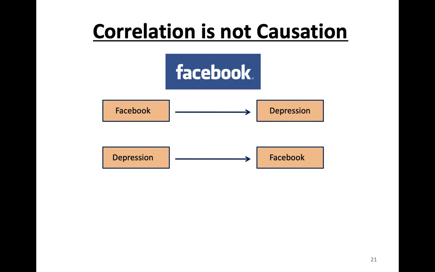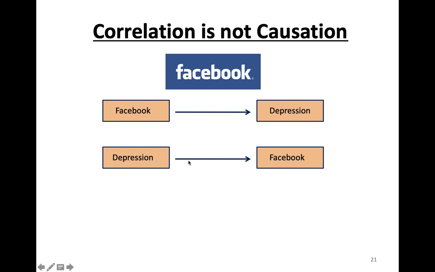People that are depressed, maybe they're spending more time on social media because they're not out spending time with their friends, they're spending time inside, they're not interacting with others. This might sound familiar. And so they're depressed, and it's their depression that is leading them to spend more hours on Facebook. Versus people that are not depressed, they're in a good mood, they're interacting with others outside of social media, they're with their family, they're not on the computer, they're not on their phone.